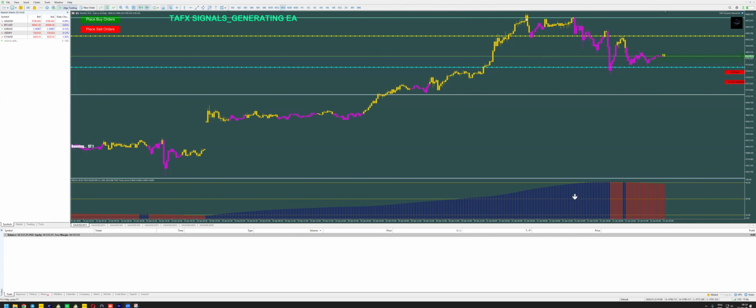It is not a complicated system. All you need is to understand how to work with the templates. If you understand how to work with the templates, because the templates are already there, things will be much easier on your side. So we want to do analysis as we wait for the signal to align so that we can take a trade, right?